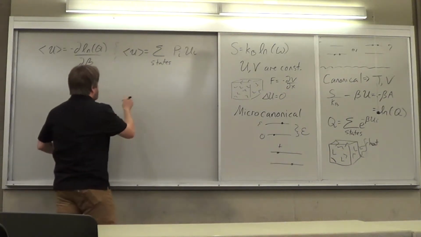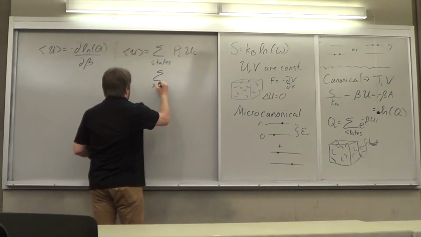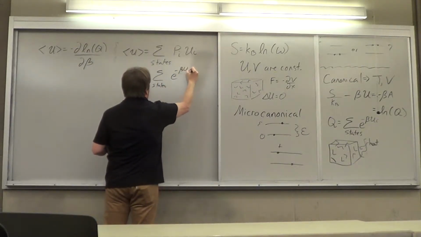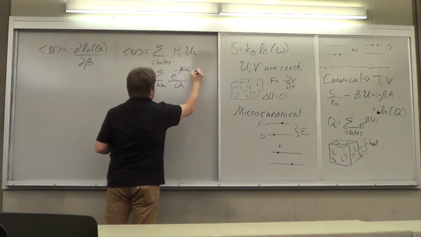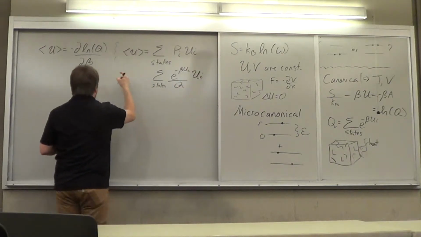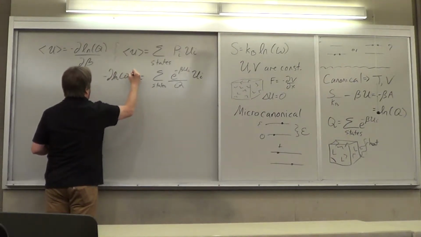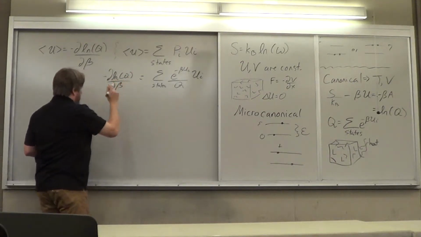And the probability happens to be e to the minus beta u over Q. And again, I covered this last time, so I won't beat you up over it.